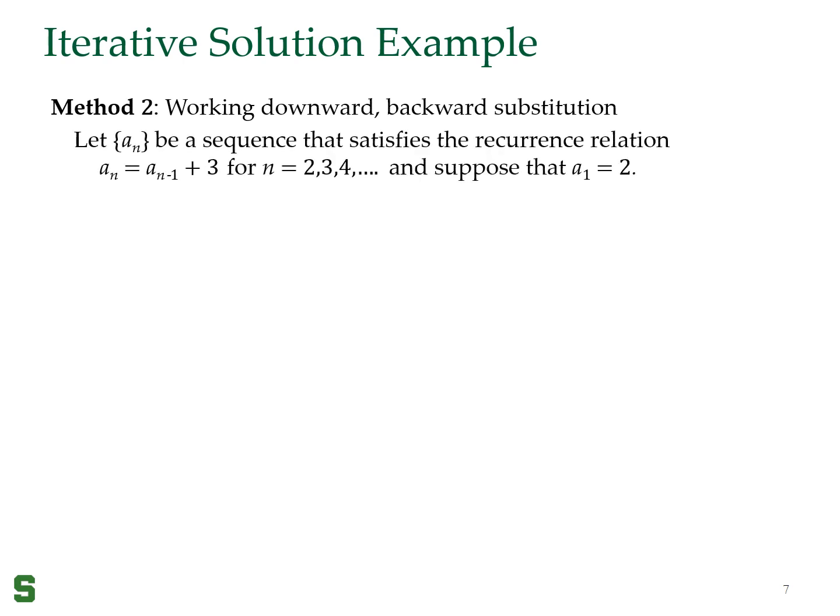We can do the same thing working backward. Here I have a_n = a_(n-1) + 3. So I can substitute a_(n-1) as a_(n-2) + 3. Note that I'm replacing this term by this term, which I'm allowed to do by the recurrence relation. This plus 3 is left as is over here.